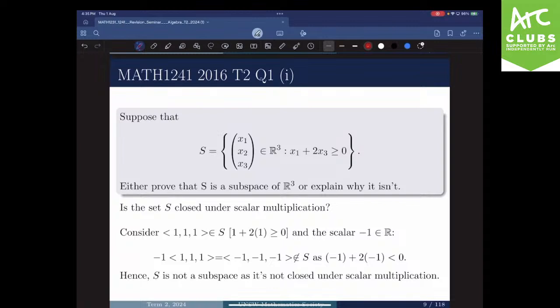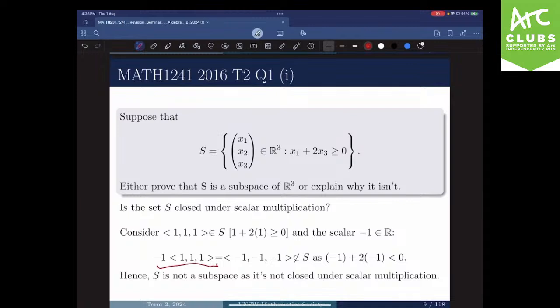But if we multiply it by the scalar -1, we get the vector (-1, -1, -1). We note that -1 plus 2 times -1 is -3, which is less than 0. So this vector is not in S, and our subset S is not closed under scalar multiplication.